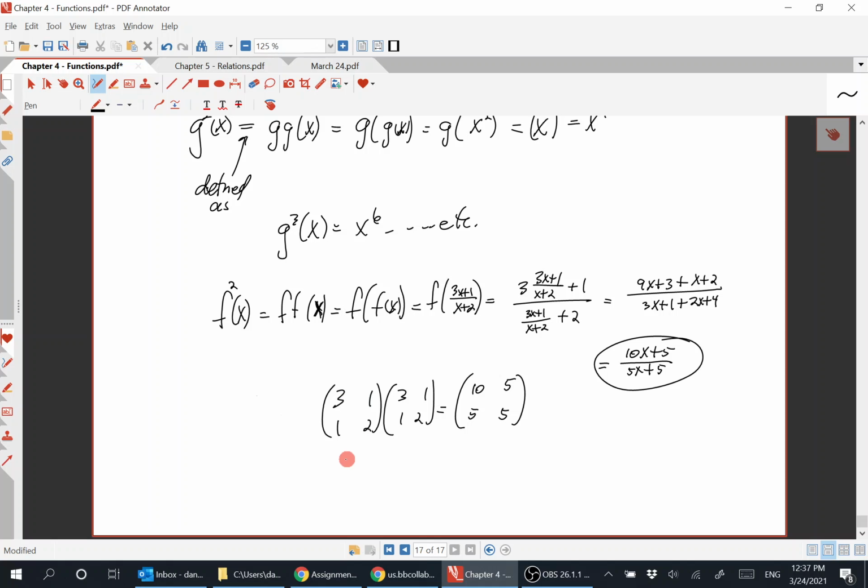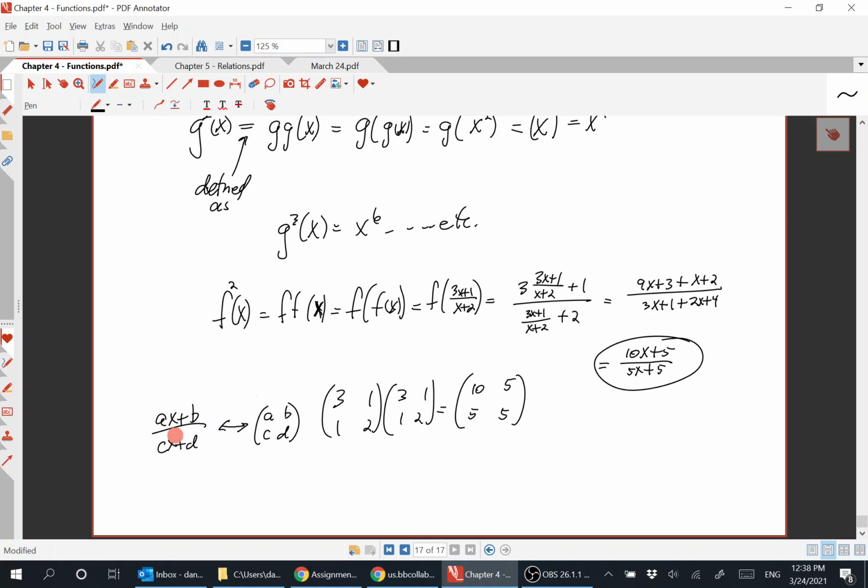And then when you square it, you get the matrix corresponding to this. So functions of the form ax plus b over cx plus d correspond to 2 by 2 matrices like that, as long as the two rows are not multiples of each other. And composition corresponds to matrix multiplication.